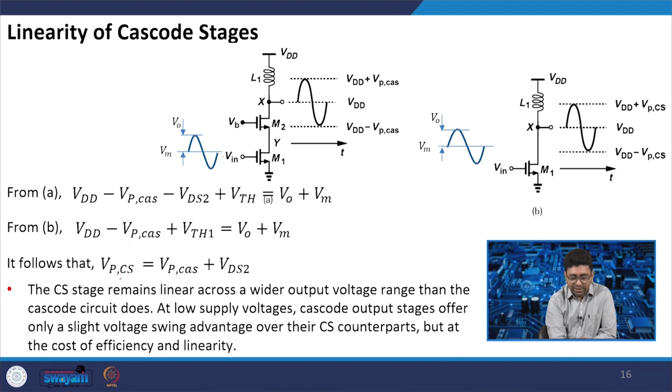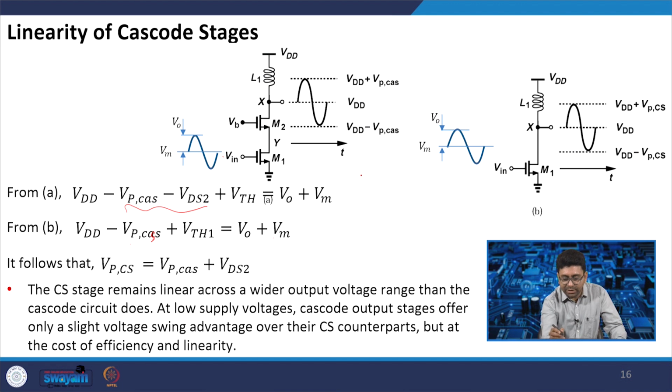So it follows that Vp of the common source amplifier equals Vp of the cascode plus VDS2. So this VDS2 is added, and this is the V cross.